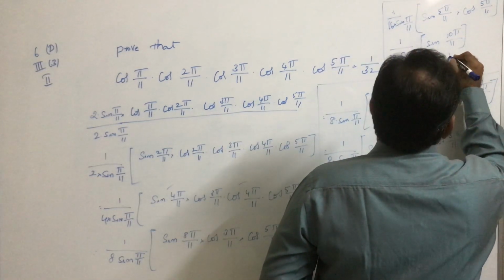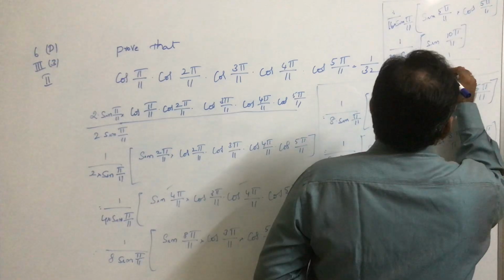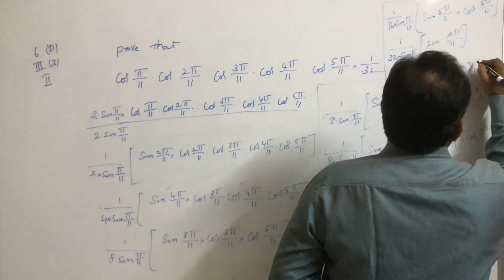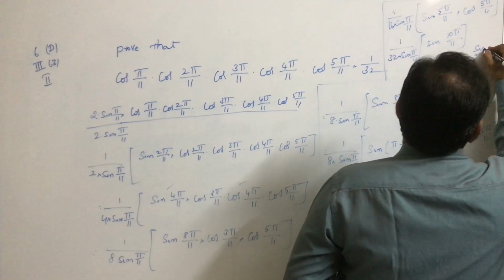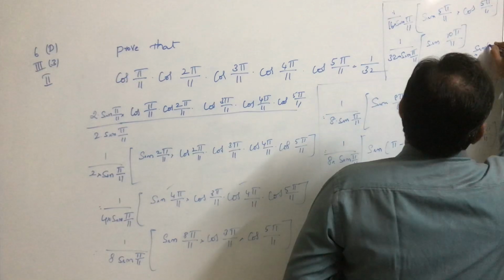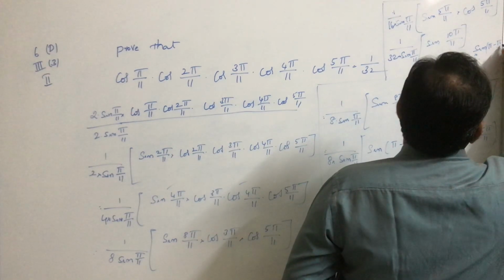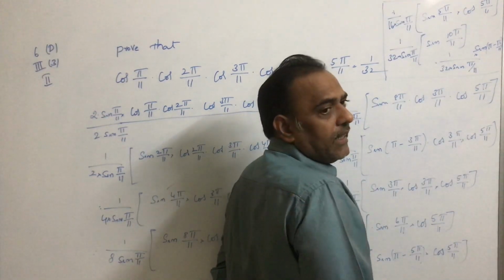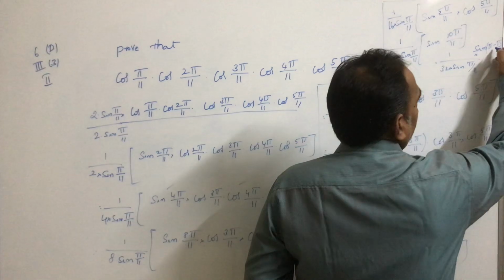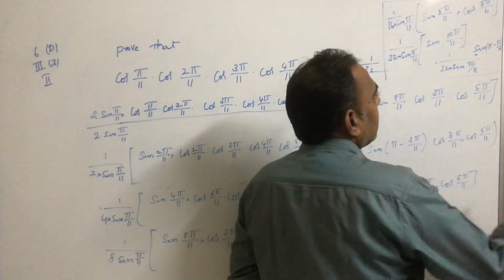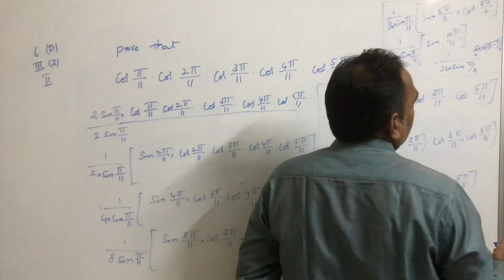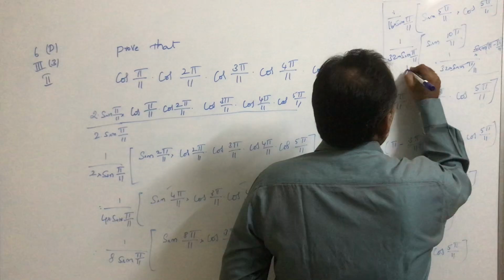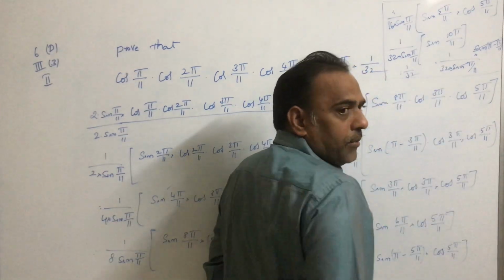Sine of pi minus pi by 11, equal to sine of pi minus theta, equals sine theta. So this is sine pi by 11. So sine pi by 11 and sine pi by 11 get cancelled. Finally we remain with 1 by 32.